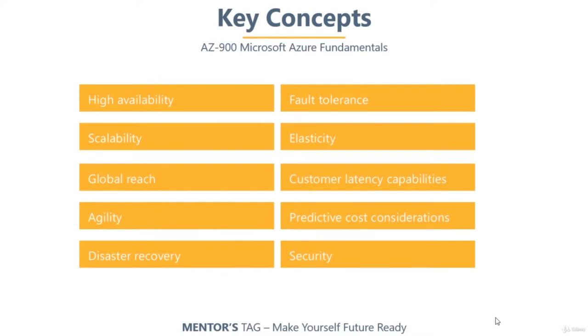Now, continuing this story, there are a couple of key concepts which we need to understand the cloud properly. As I mentioned, high availability is about on-time availability. We have scalability and elasticity, which focus on the risk factor as well as the flexibility you get because of cloud. In the same way, we have global reach. Depending upon the cloud provider you're using, you will have global regions available across the globe, and you can decide where you want to host your resources.